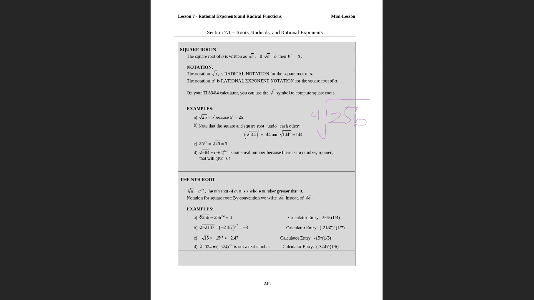Remember that you could write this from our formula: the nth root of a equals a to the power 1 over n.